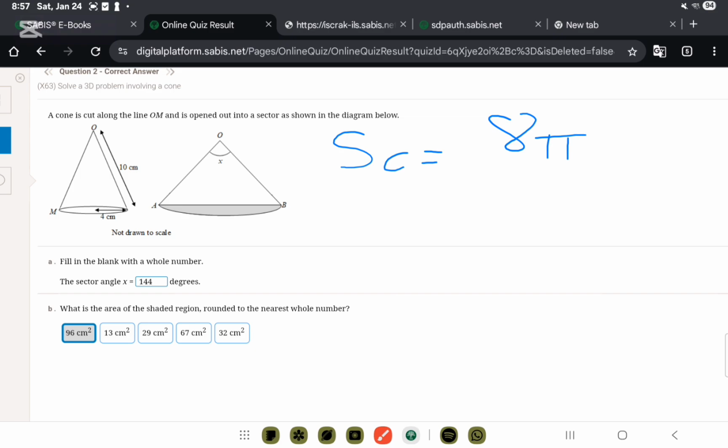Now we need the actual circumference, which is the big circumference. Now we know 2 pi r. Anyways, we need to find OB.